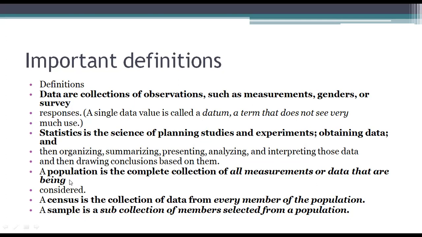But if we ask questions and collect data from all the elements or all the points, then this is a population. So a population is usually a large amount. For example, if you have a class of 100 students and you want to know about their timetable, then these 100 students are your population.